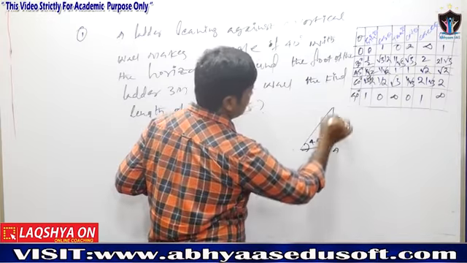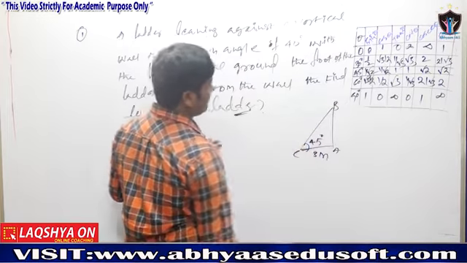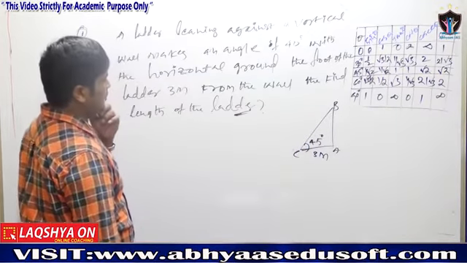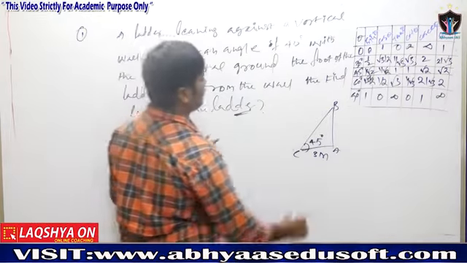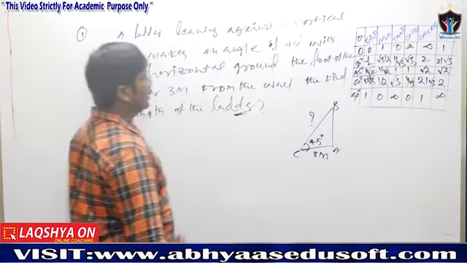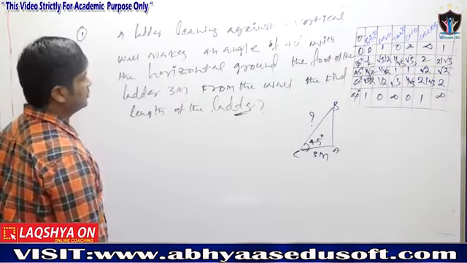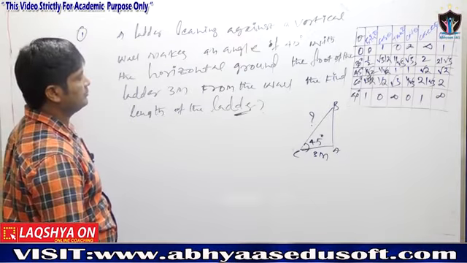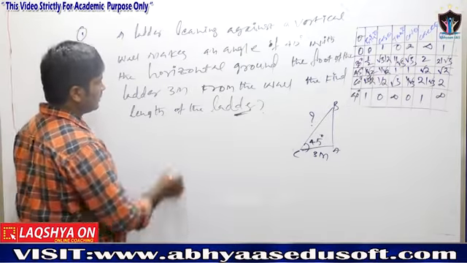Then we can take A, B, C. Now we simply have to calculate the length of the ladder. Now what can we say here?